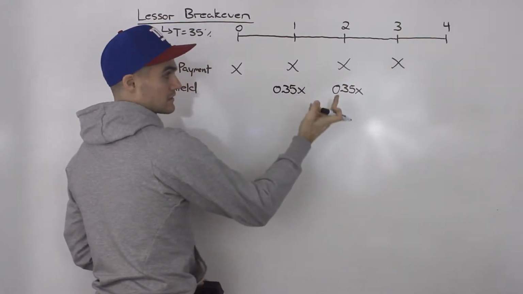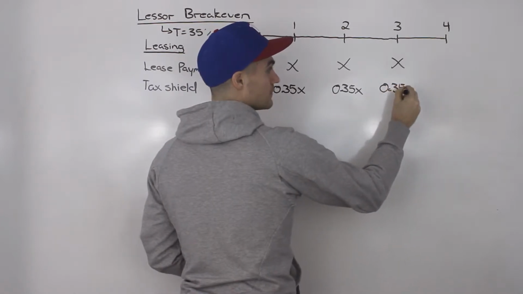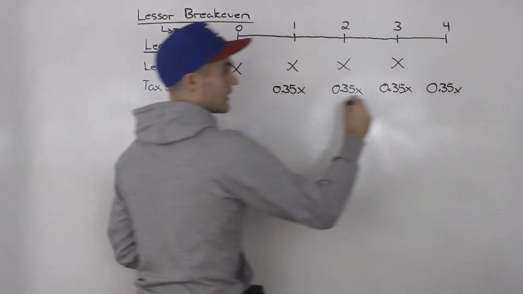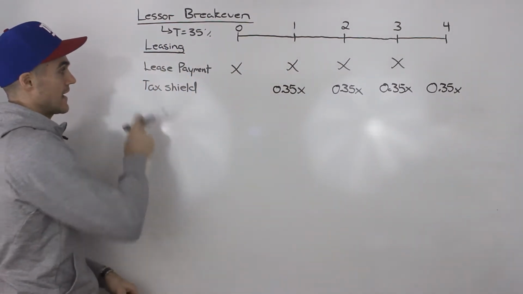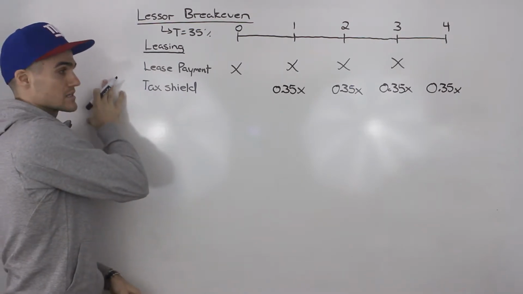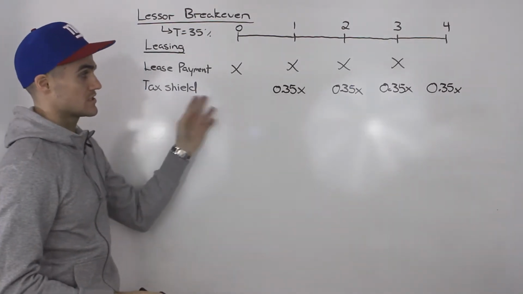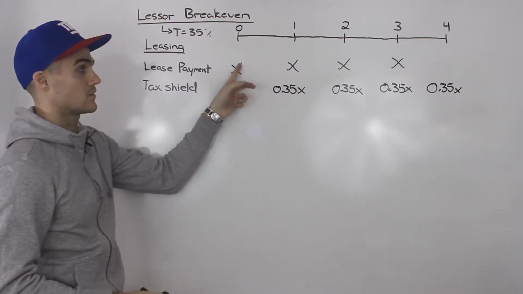And this is just basically the formula that I have in the Excel file. So if you input a tax rate of 35% on the side, you'll notice that this row here is just that tax rate multiplied by whatever lease payment is going to be there.